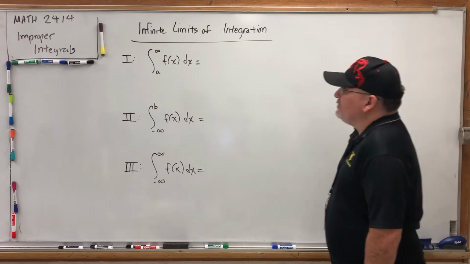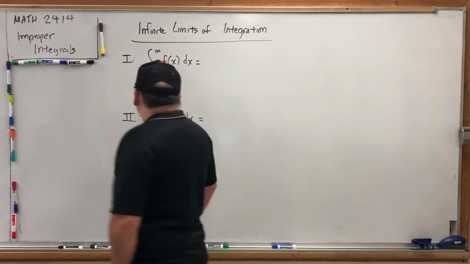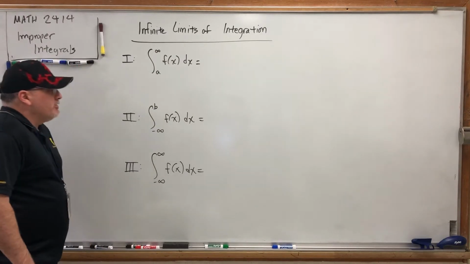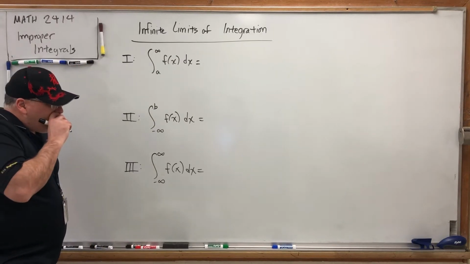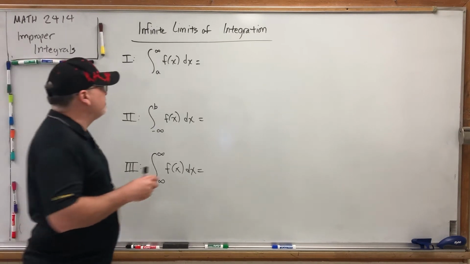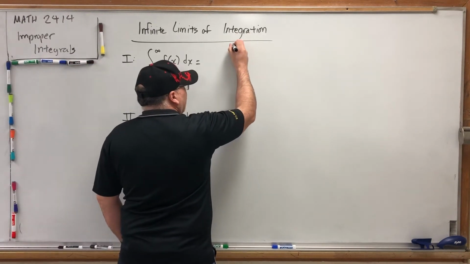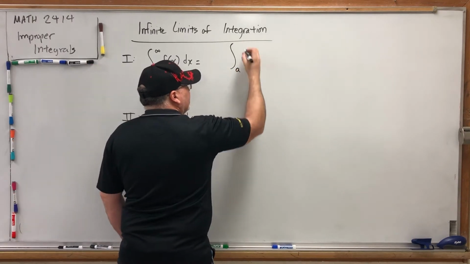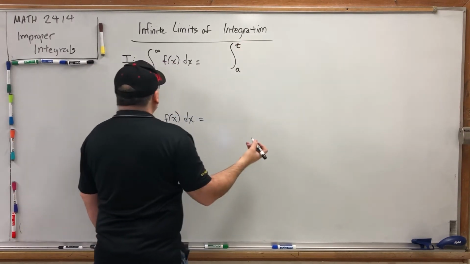Let's take a look at this first type, integrating some function from a constant a all the way to infinity. To do this, we replace the problem with some variable. In this case, the problem is infinity. Now, I'm leaving a space in front of it because I'll be writing something there. We're going to replace the infinity with a t just for a second.